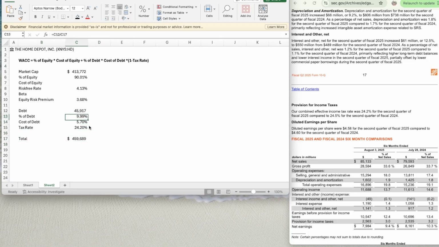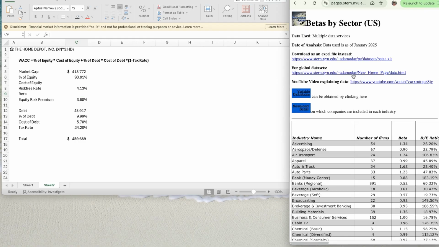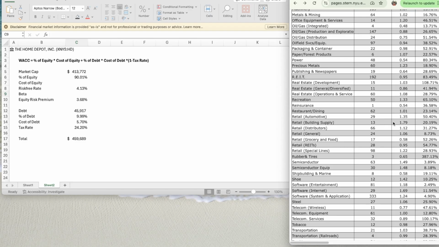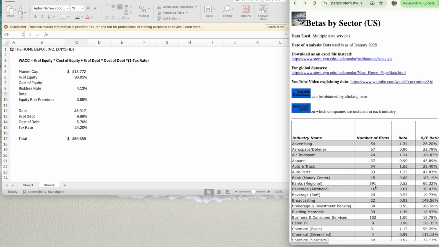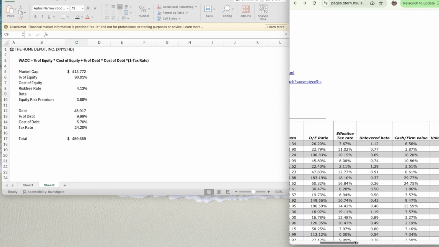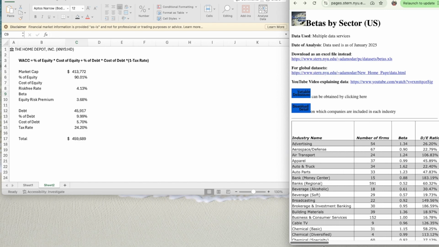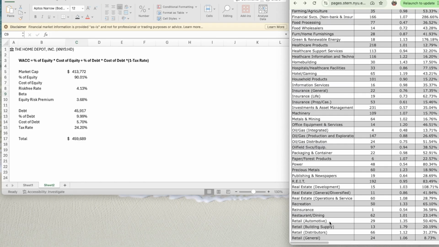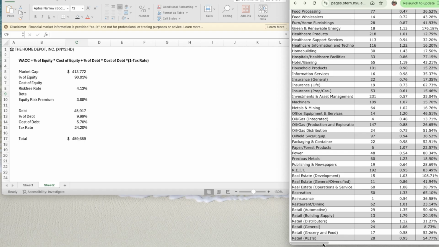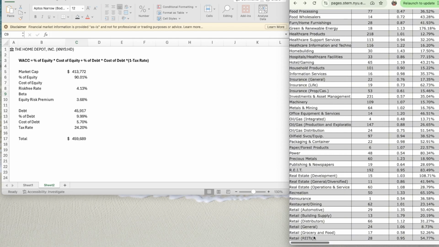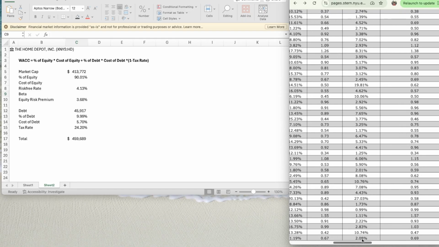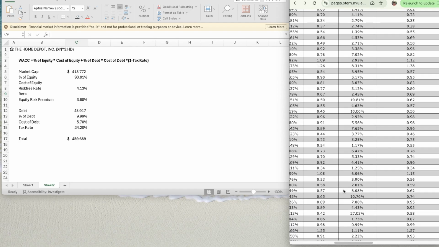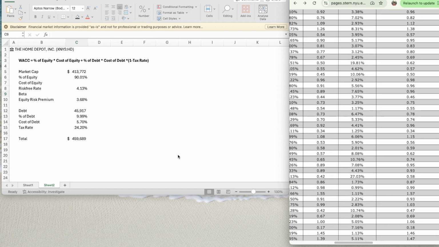Okay, now the beta, let's pull up Damodaran's beta data. Building supply, so this one. That's what we need, the unlevered beta. Building supply, that's at 1.57, is that right? No, it's 1.55.